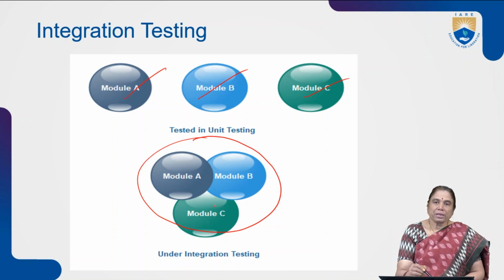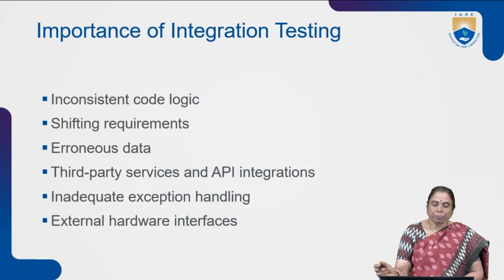These modules are integrated as a whole in order to perform the integration testing. The errors associated with data sharing and the interfaces between the modules, that is the communication between the modules, are uncovered in integration testing.